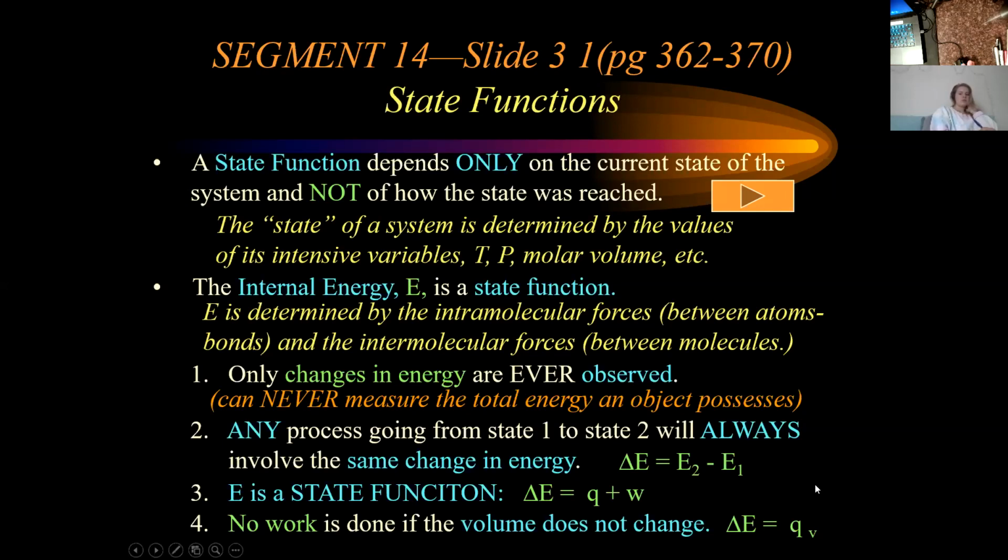You calculate it. Q is mass times specific heat times delta T. So I know the mass of the calorimeter and its contents. I know the specific heat of the calorimeter and its contents. I measure the temperature change. When I take the difference in the final and initial temperature, multiply by mass and specific heat, I calculate this Q at constant volume. So this is an easy number to do.